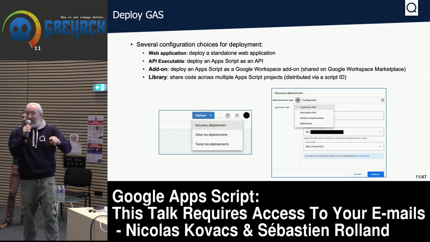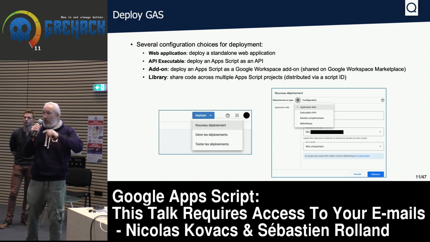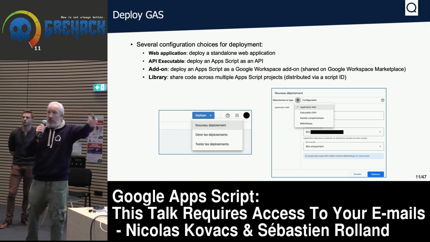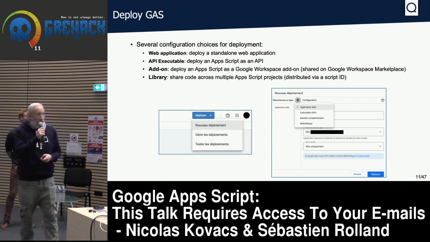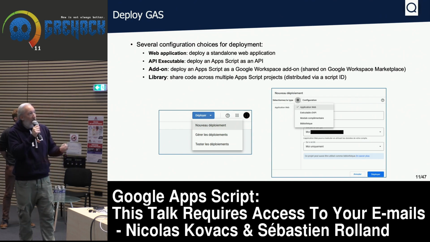And when you access this application, it will generate a trigger to delete a specific email, for example. So you can do a lot of things like this, and it depends on how you deploy the application.